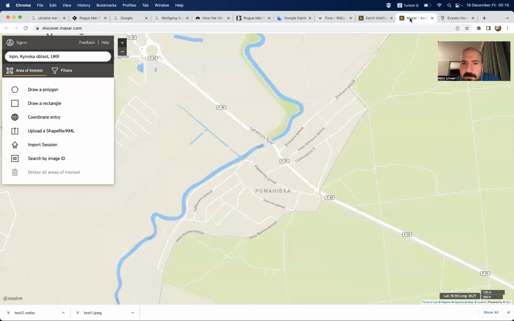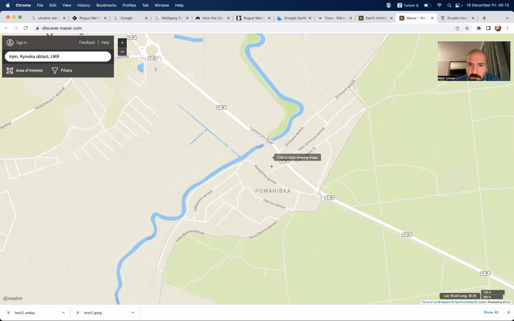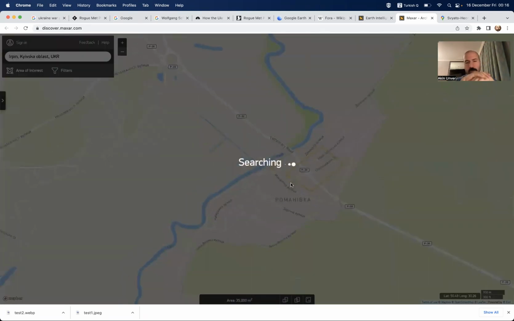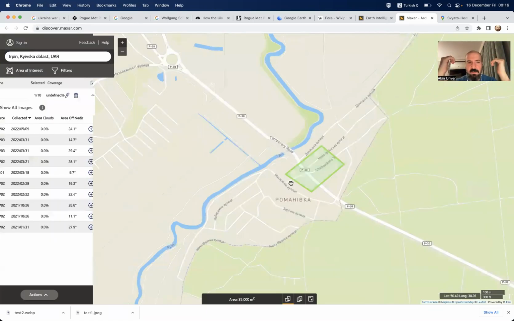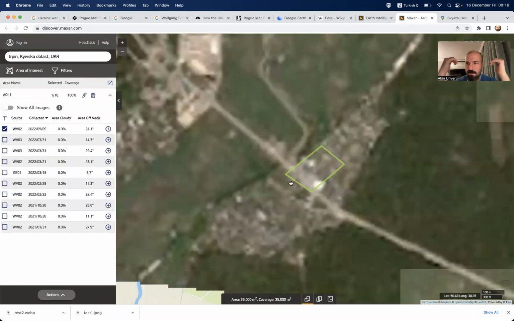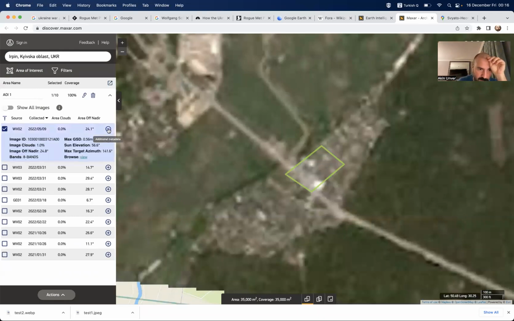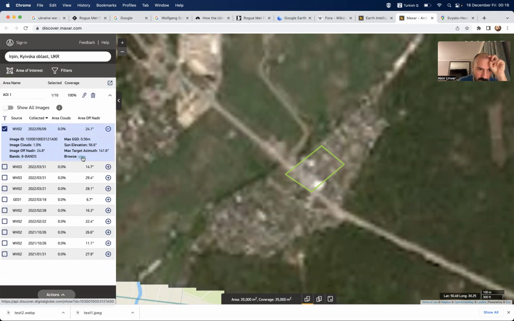So I'm going to Maxar, and I am basically drawing a polygon here, here, here, here, here. So what it's doing is that it is giving me a list of recently available satellite imagery data to see if any one actually contains the graphics that I'm interested in.